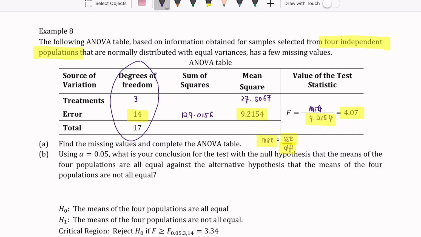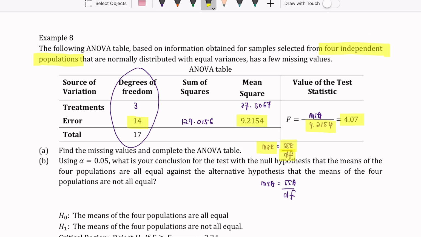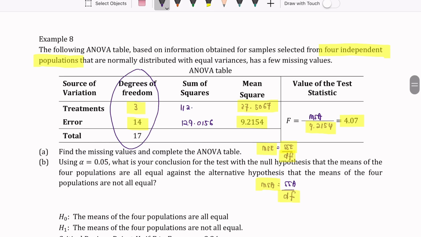For SSA, we apply the formula of MSA equal to SSA divided by the degree of freedom. MSA is given by 37.5067. We multiply with the degree of freedom, which is 3, and we have 112.5201. So this is the complete ANOVA table.